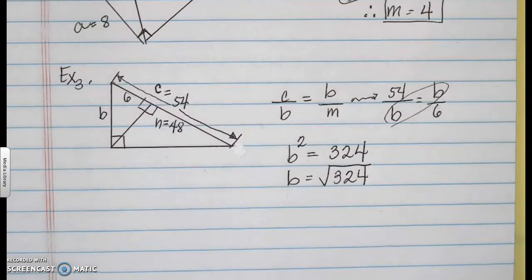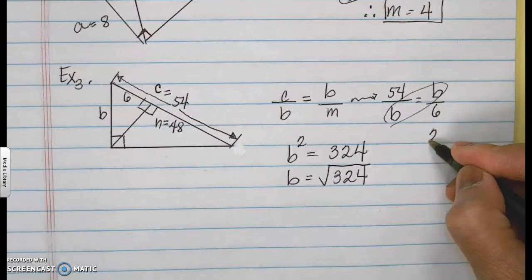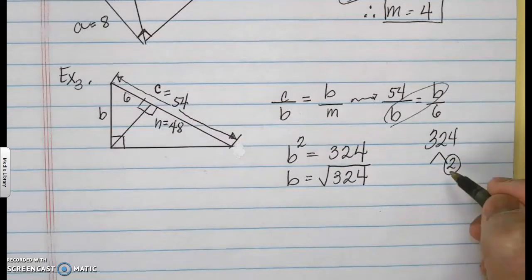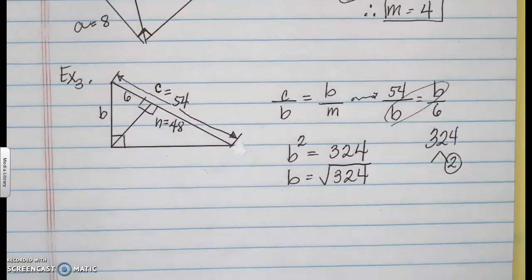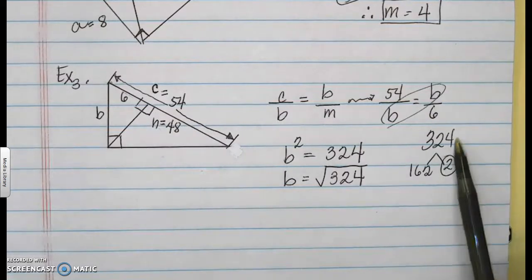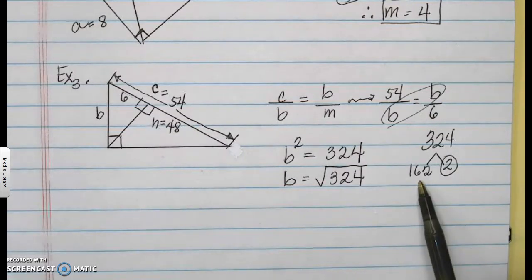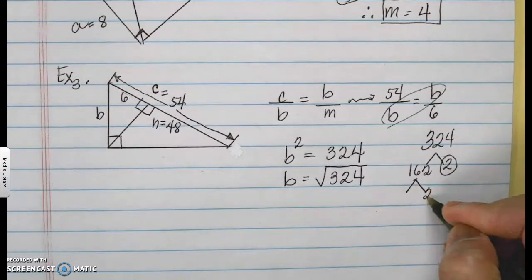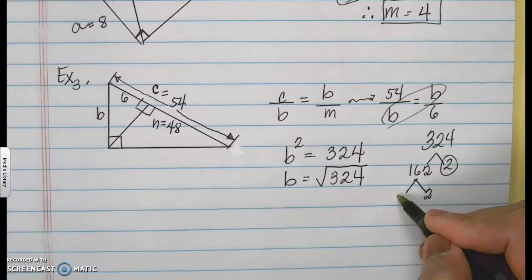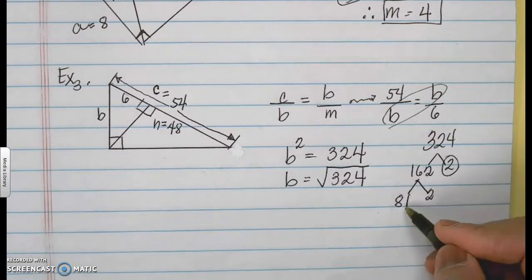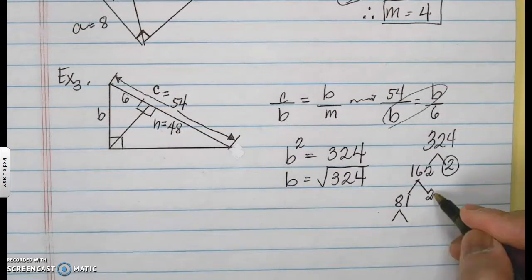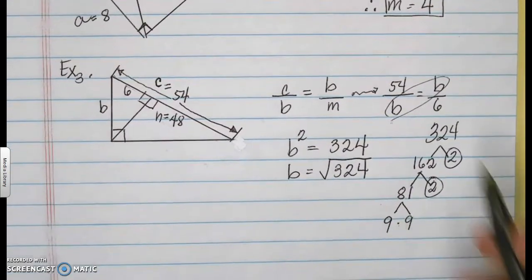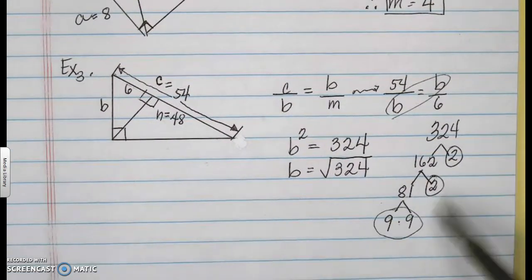And so we need to simplify that by doing this. 324 divided by 2 is 162. Divide by 2 is going to be 81. And 81 is 9 times 9. I can already stop there because I can see that these two are already perfect squares.